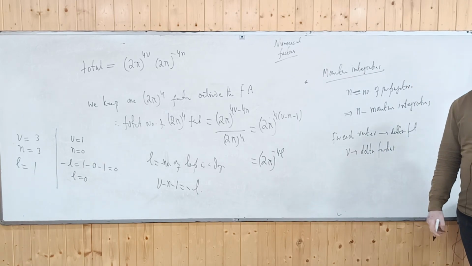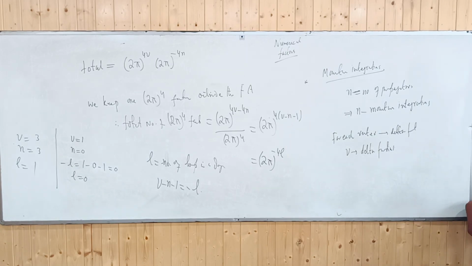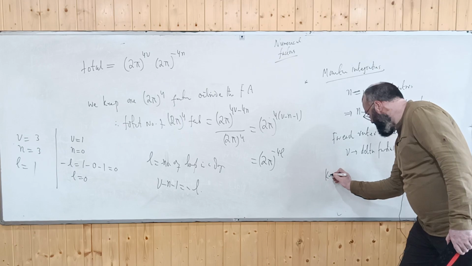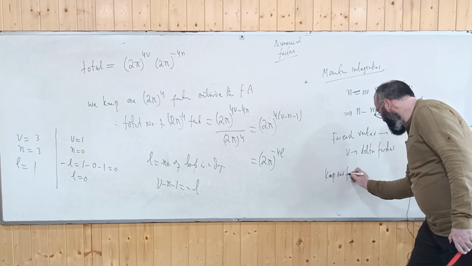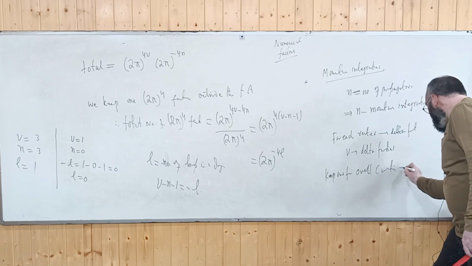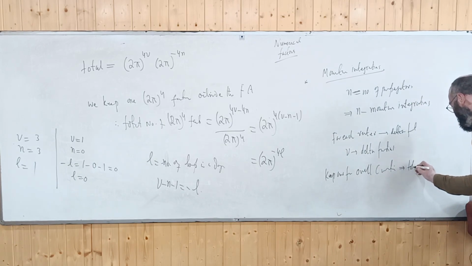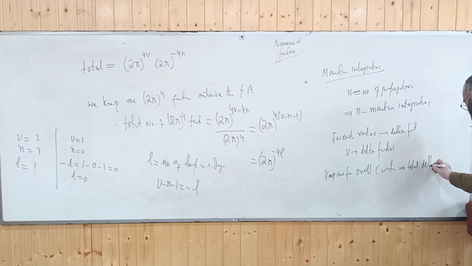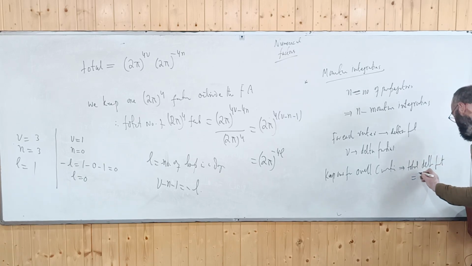But out of these V, we keep one outside for overall conservation. So the total number of delta functions is equal to V minus 1.